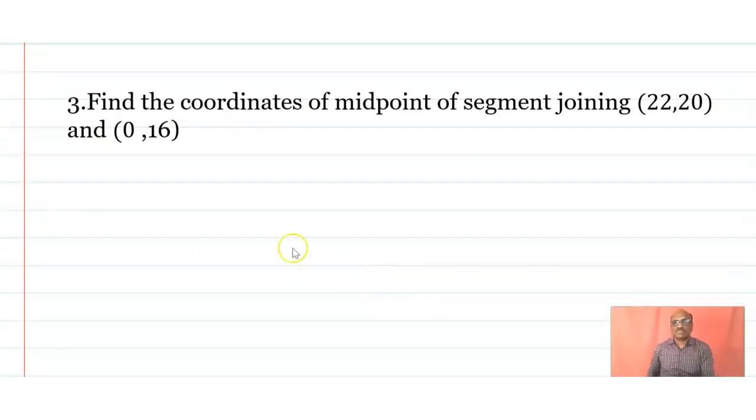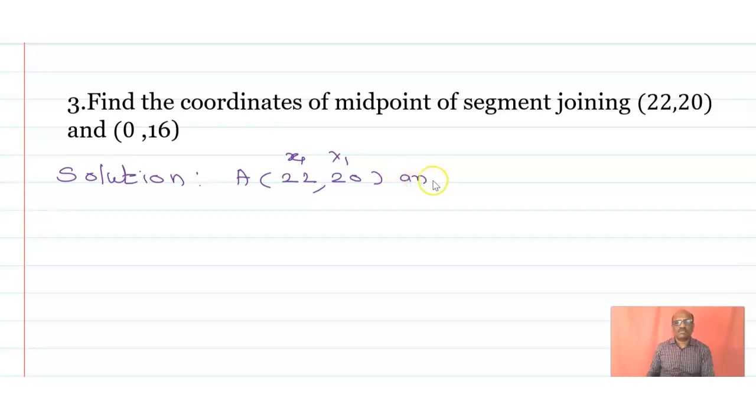Now the next question. Find the coordinate of the midpoint of the segment joining (22, 20) and (0, 16). Solution. Okay, easy question, so all questions of this type are done. At the first point, suppose it is (22, 20), that is, this is the x1 and y1, and B is the point (0, 16).